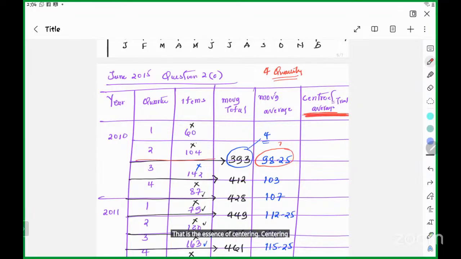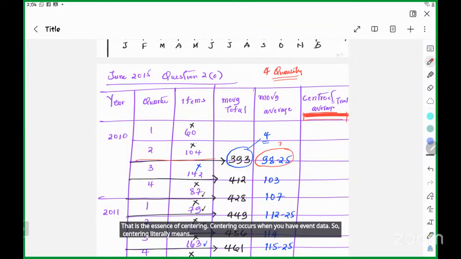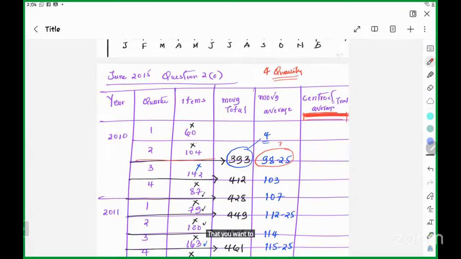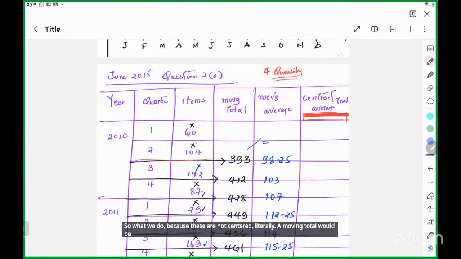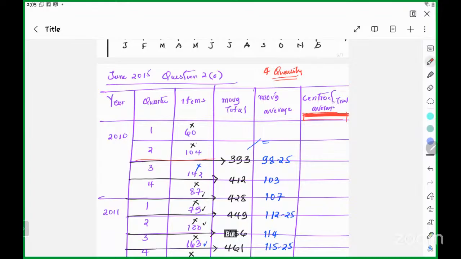Centering occurs when you have even data. Centering literally means that you want to relate the average or the trend to a specific period. Literally a moving total would be the trend, but for even data, it's not, because it's not yet centered.